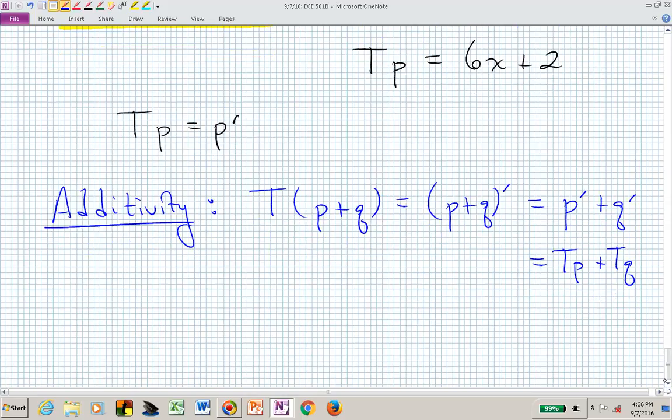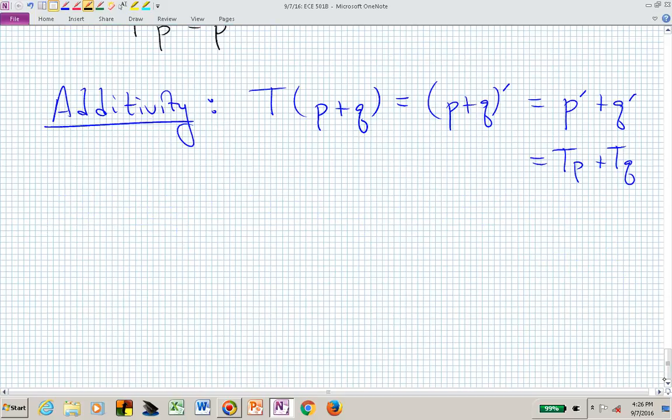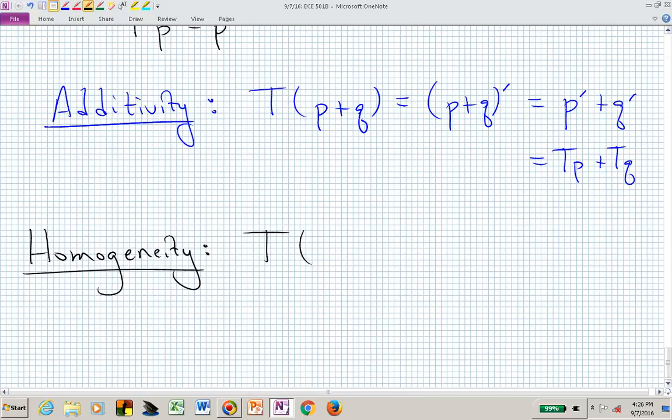What about homogeneity? In this case, we apply the differentiation map to a scaled version of the polynomial P. By definition of the differentiation map, that's the derivative of AP, and A is a scalar.